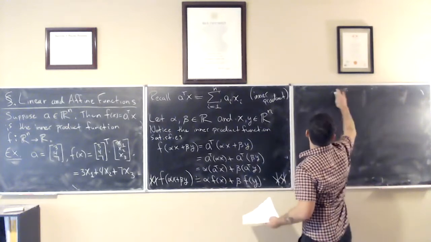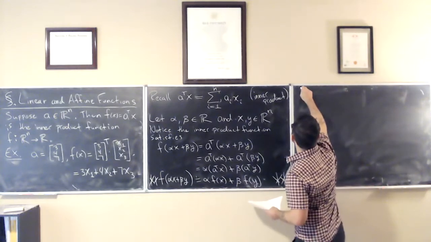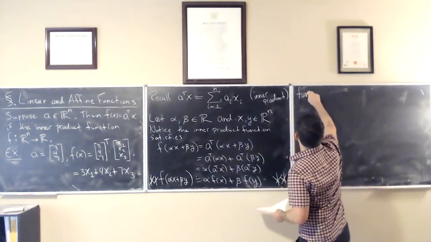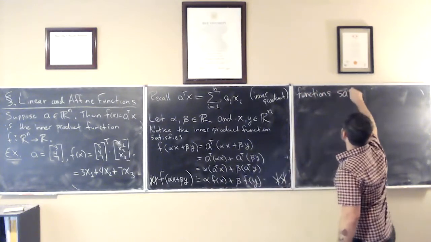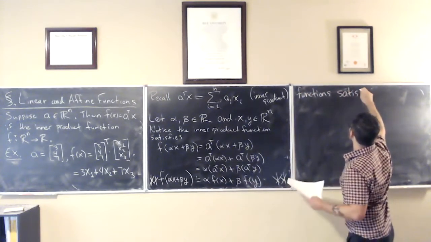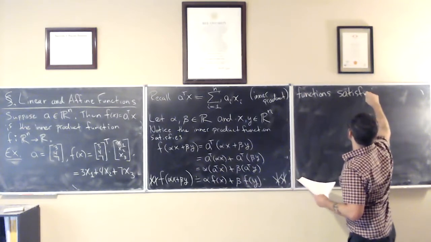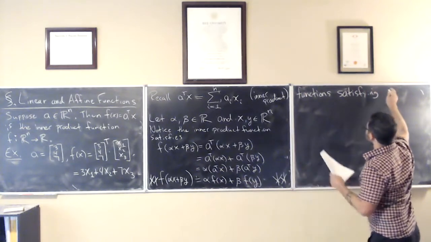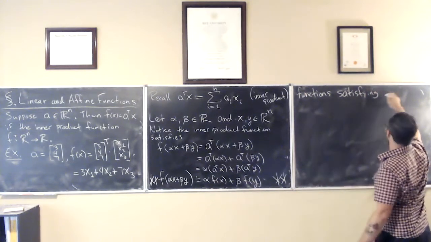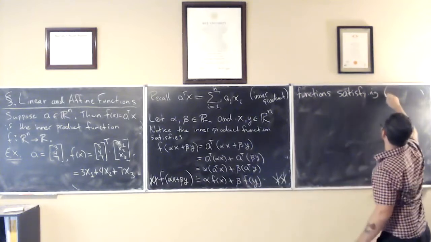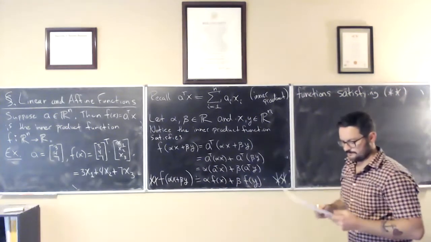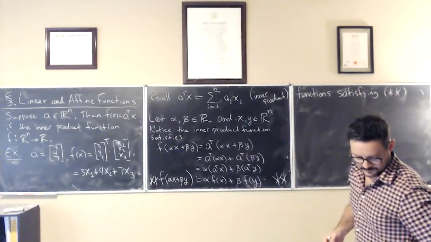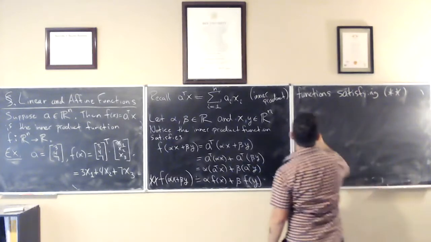So this form of equation has a name. Functions satisfying equation double star are called linear.